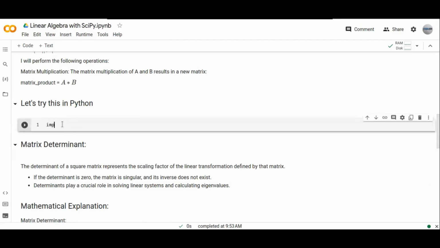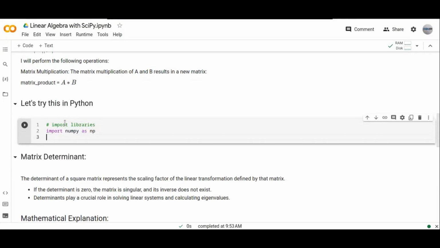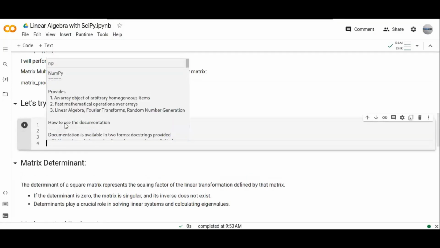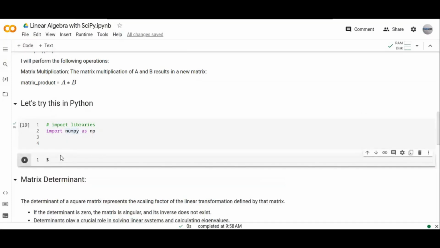First of all, we have to import libraries. Import NumPy as np, and once we import the NumPy library, we can perform this using NumPy only. NumPy supports matrix multiplication. And now let's create two matrices.